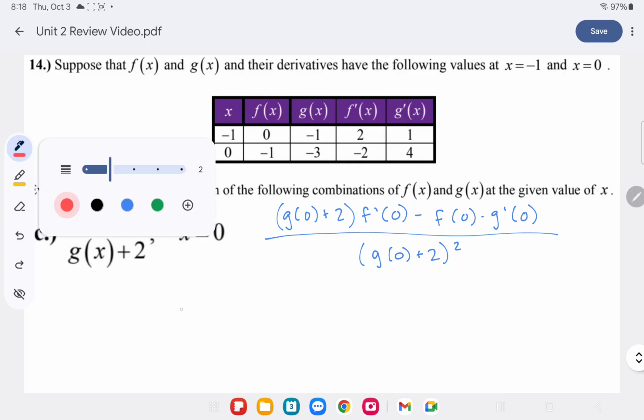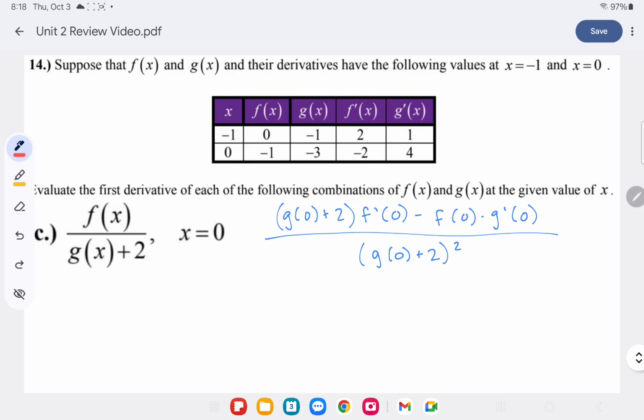Okay, so first thing, we're finding g of 0 plus 2. So that's -3 plus 2 is -1. Times f prime at 0 is -2. Minus f of 0 is -1. g prime at 0 is 4.